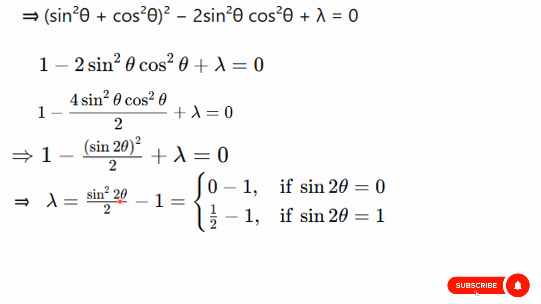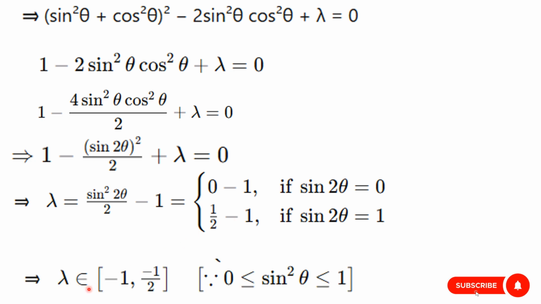If sin 2 theta equals 1, then we have 1 by 2 minus 1, which is minus 1 by 2. Because sin square 2 theta lies between 0 and 1, lambda belongs to the closed interval minus 1 to minus 1 by 2.